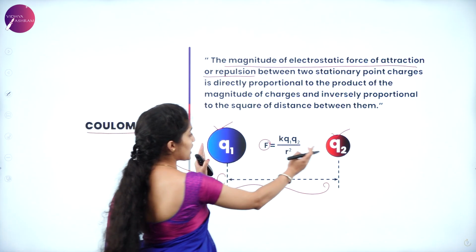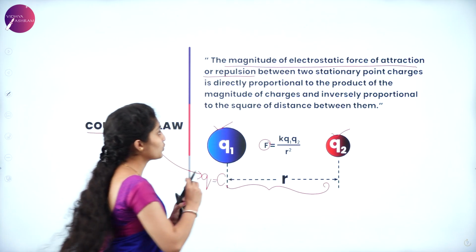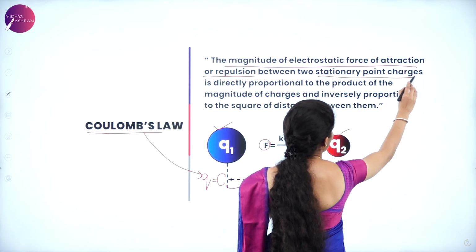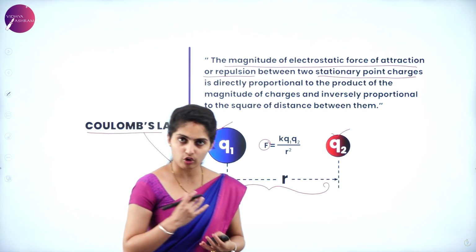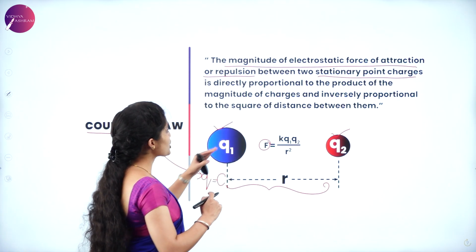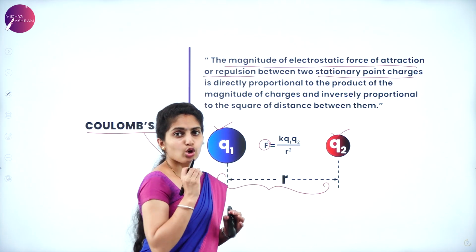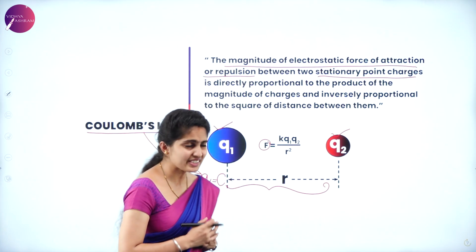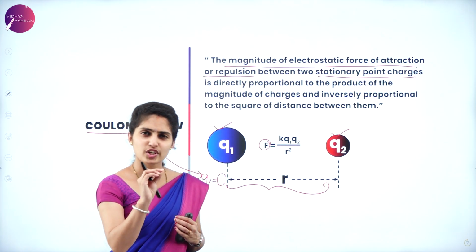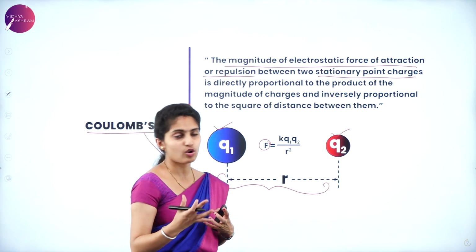Which are those two charges? Q1 and Q2. And those charges are known as stationary point charges. Okay, we are considering two stationary point charges, and these are point charges whose size is very much negligible when you compare it to the distance. So it's very small. Point charges are just a single point, which has neither area nor volume.